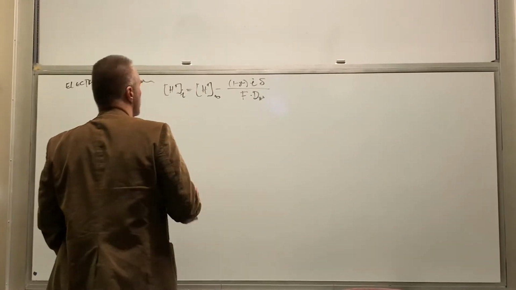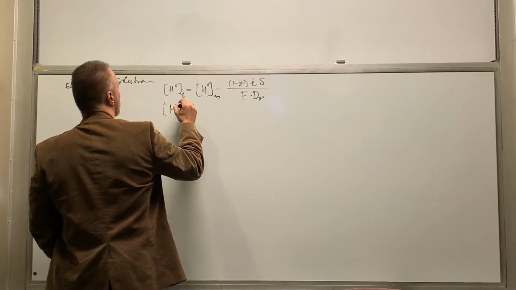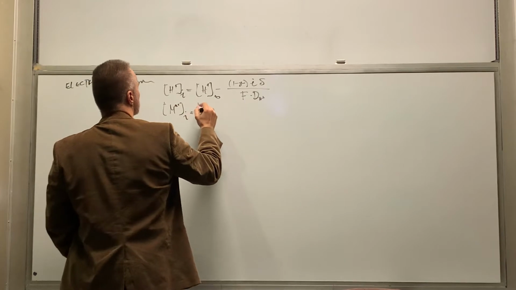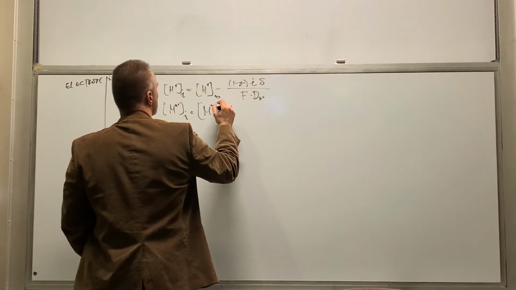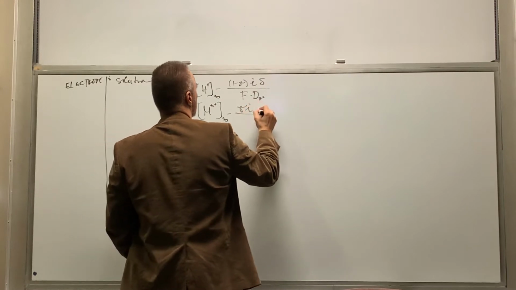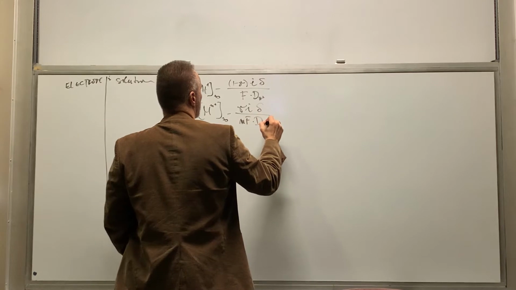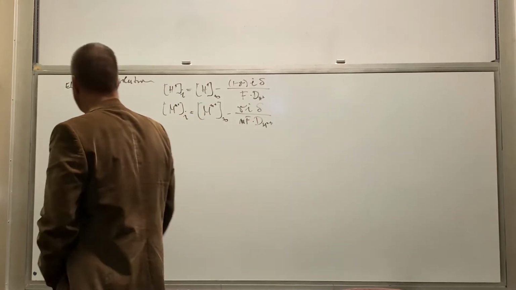You guys correct me if I'm missing something. And the metal ions at the interface is the metal ions in the bulk minus gamma I delta over F D M plus, right?